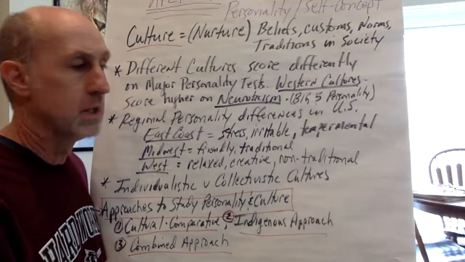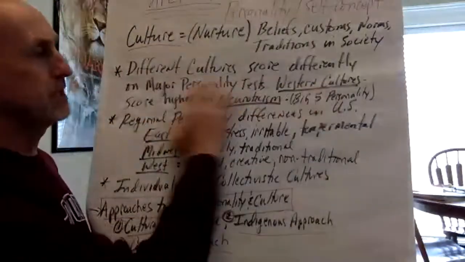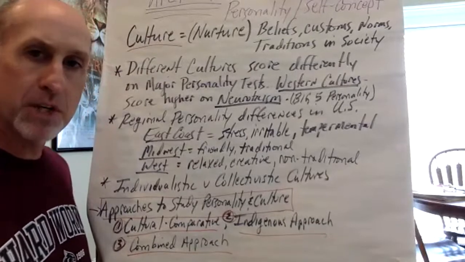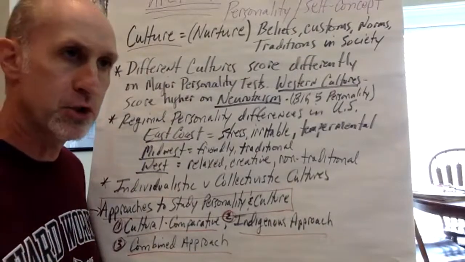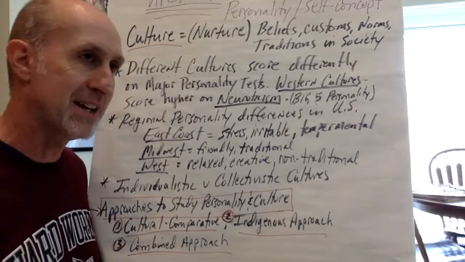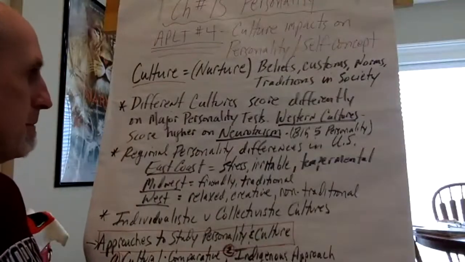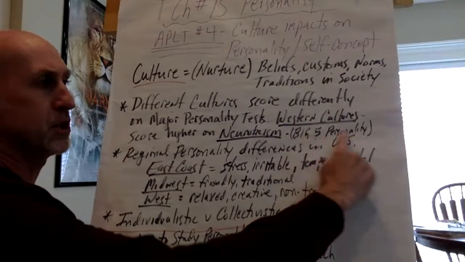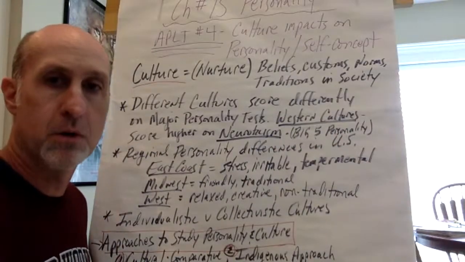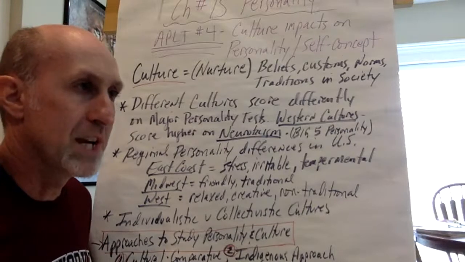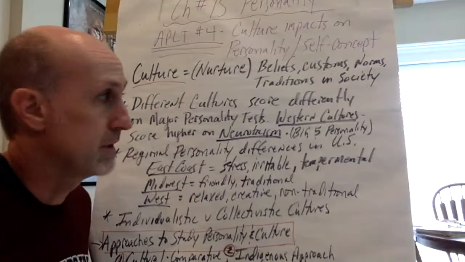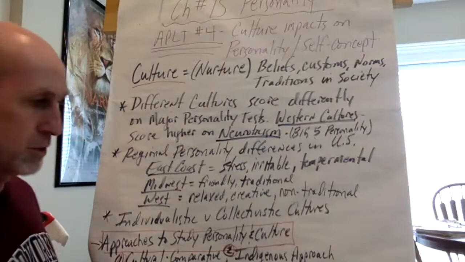All right. So this would be what you need to use for course learning target number 4. A lot of it we've already covered. By now you should absolutely know that culture influences our behavior, our personality, our intelligence. And also know that each culture, like we talked about with intelligence, has its own personality test as well. There's a WAIS for the United States, and there's a WAIS for the Chinese culture, which is different from our test, which would be indigenous.